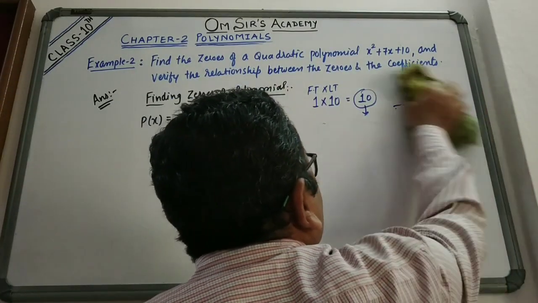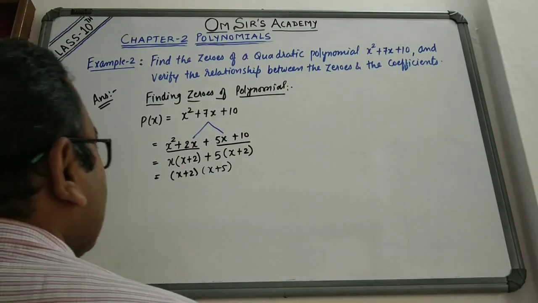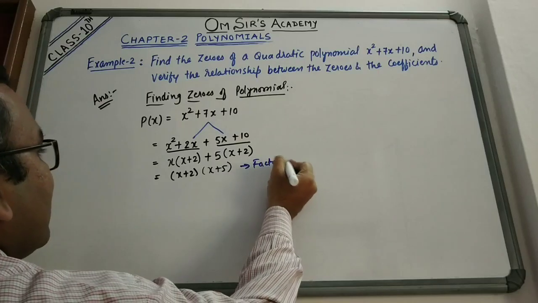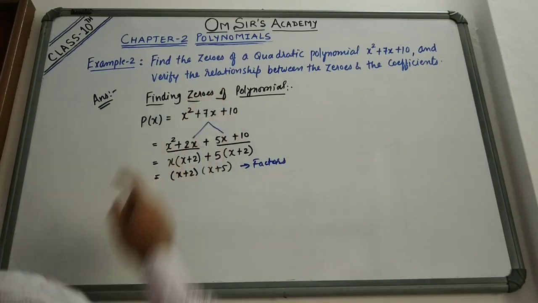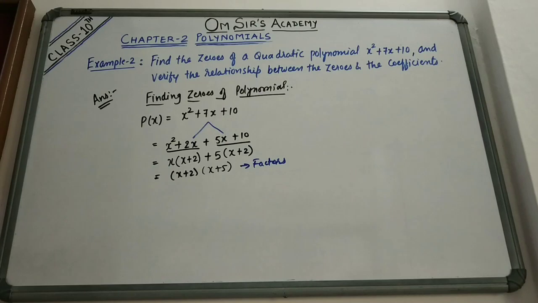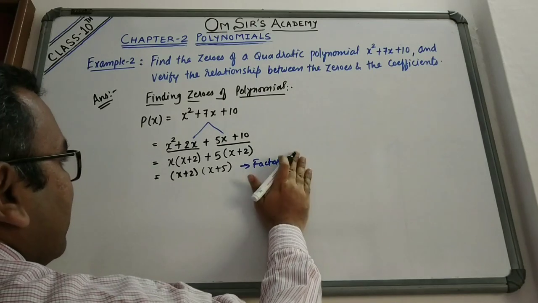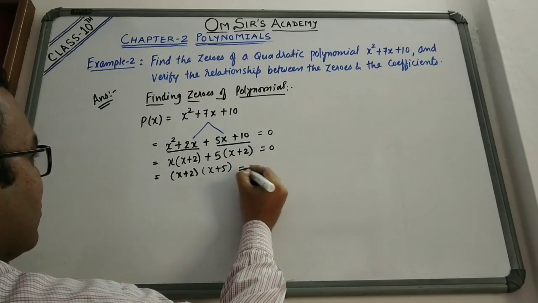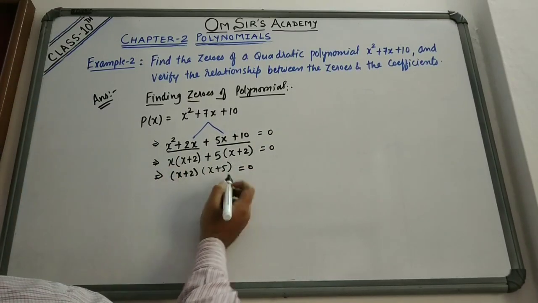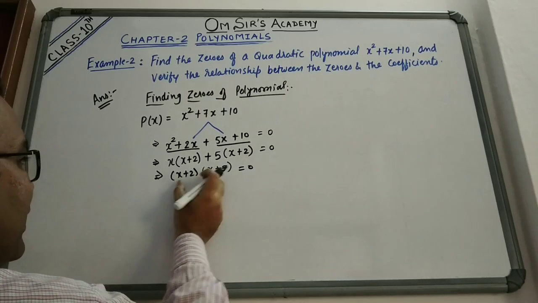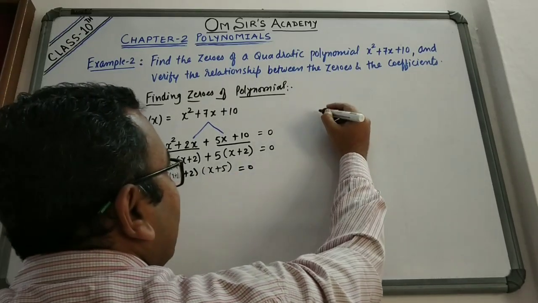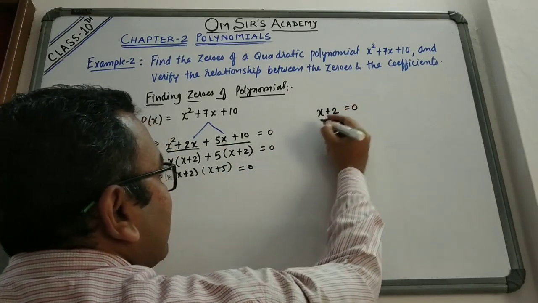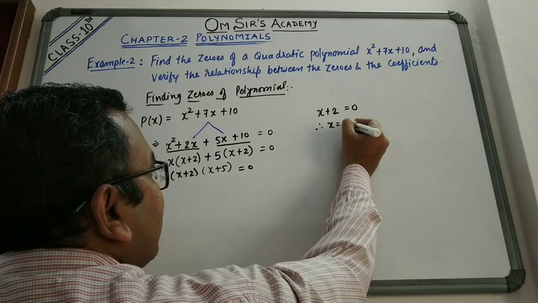Now these are my factors of the polynomial. Is it clear? So from these factors I have to find the zeros of the polynomial. How can I find the zeros? If I make this polynomial equal to 0. So I will equate these two factors to 0, then I will get the zeros. What was my first factor? x plus 2. So x plus 2 equals 0, then x will be minus 2.